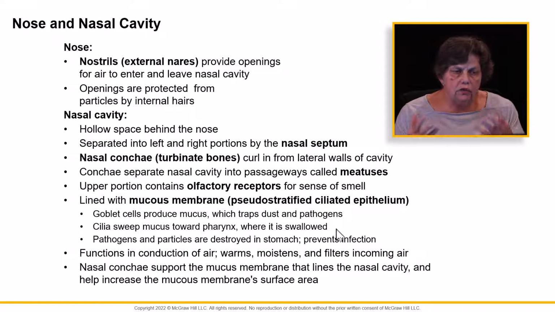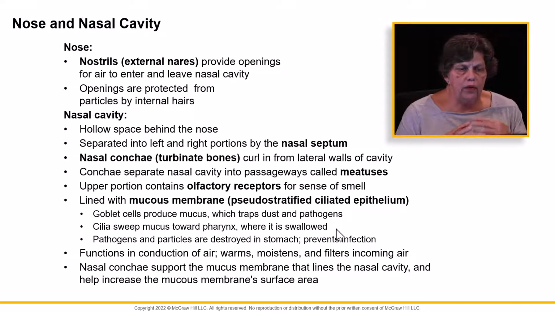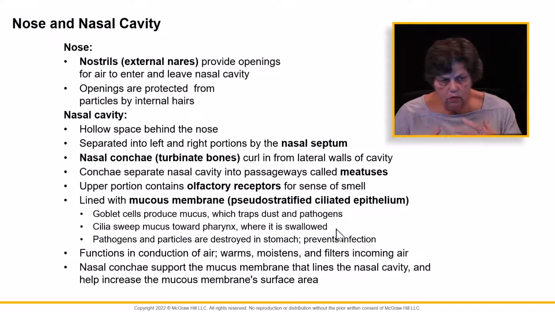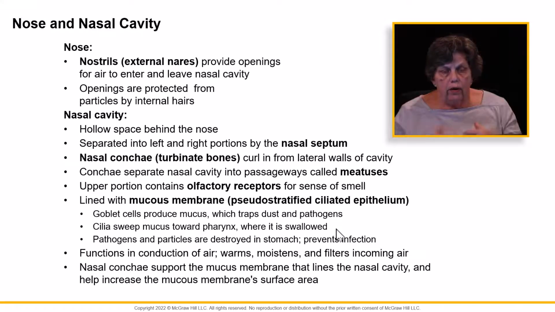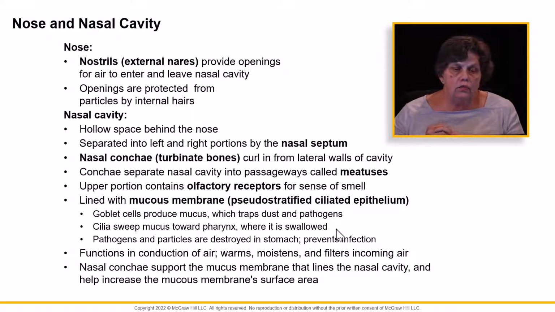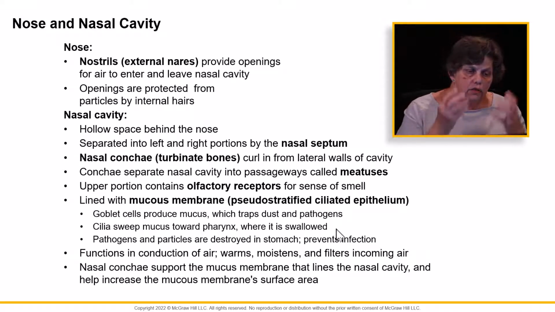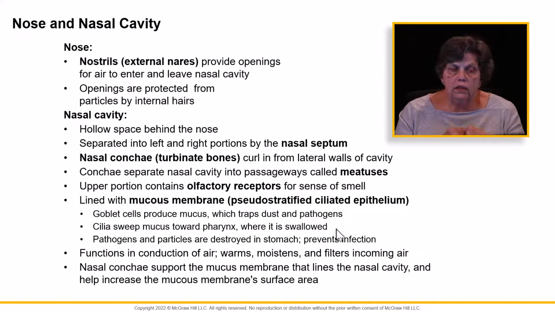We have a nasal cavity, which is the space behind the nose, and we have these turbinate bones, these nasal conchae, that basically, as we breathe the air in, start to roll the air. And the reason for that is we have these mucous membranes, pseudostratified ciliated epithelium. Ever heard that before from A&P 1?